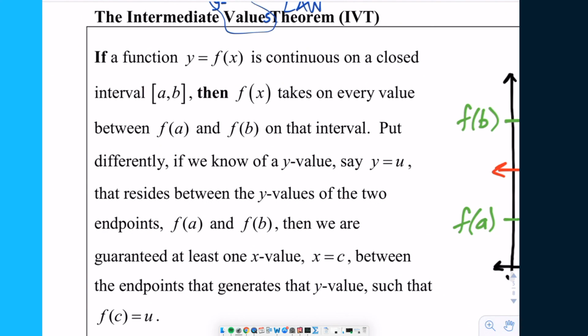Every single y value in between them, right? Guaranteed at least once. Now, it could be that we travel through the y value more than once, because it could be like sine and it oscillates, or it could be that it goes way up high above and way down low below the other. We wouldn't know that for sure. But what we do know is there's no way to get from this point to this point without traveling through everything in between along a continuum.